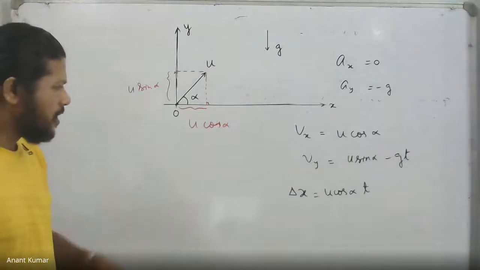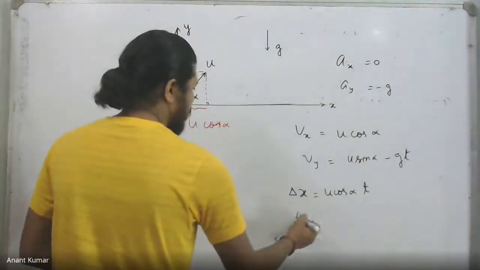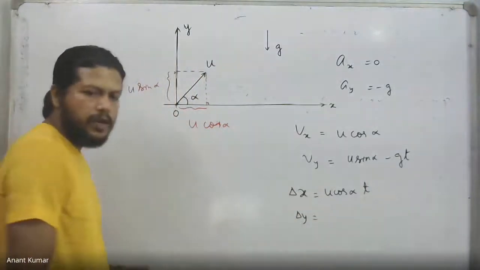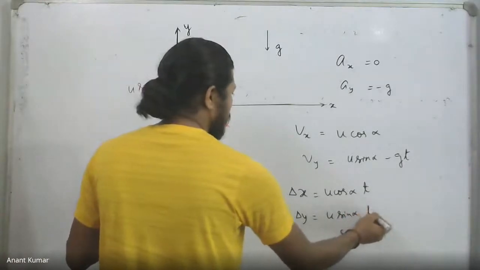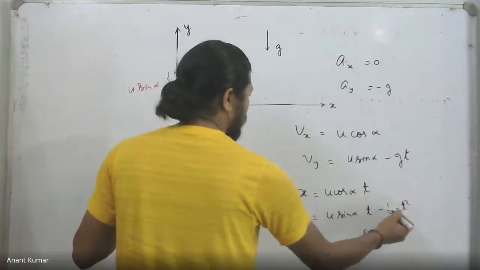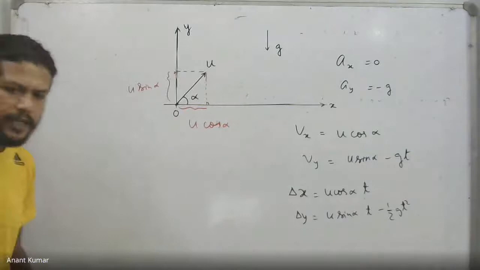So first let us write out displacement. Displacement along the x-axis becomes this one. Along the y direction, we have to apply ut plus half at square. So I get u sine alpha into t minus half gt square. That becomes delta y, which is the displacement along the y direction.